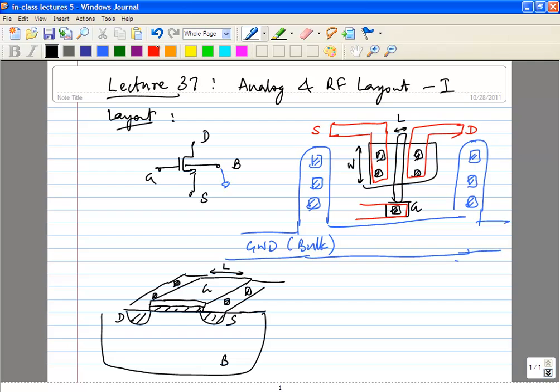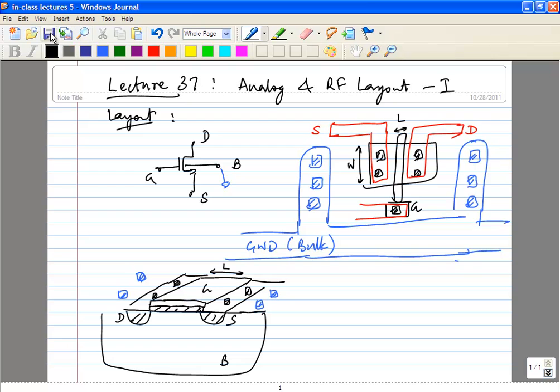So the side view kind of looks like that, and of course the bulk contacts you are putting on the sides, so this is where you put in your bulk contacts.